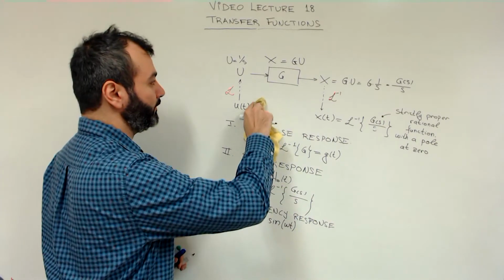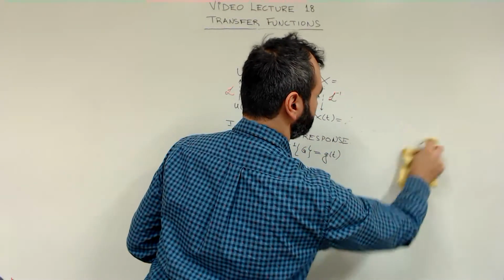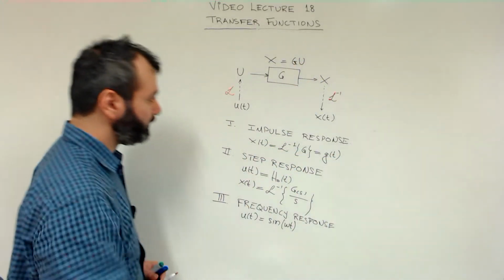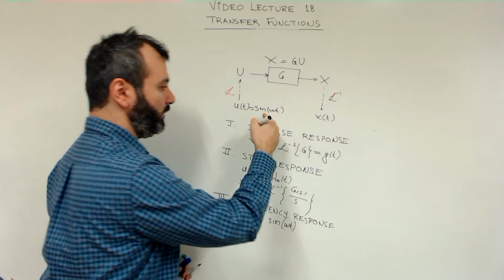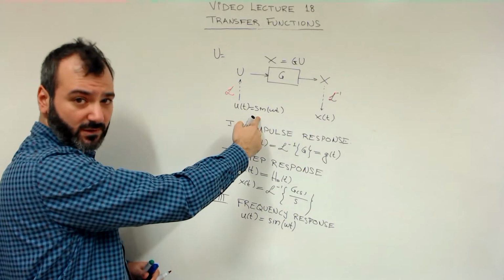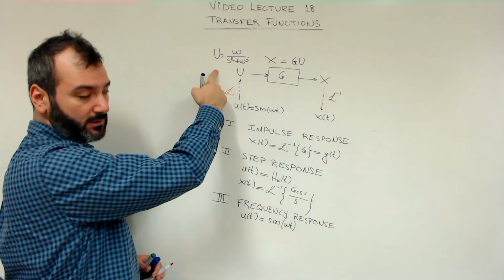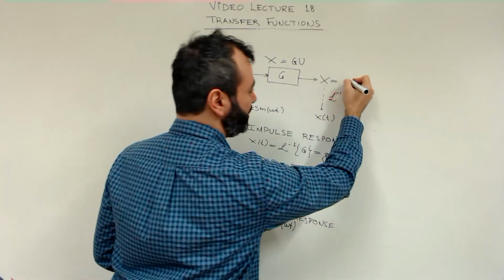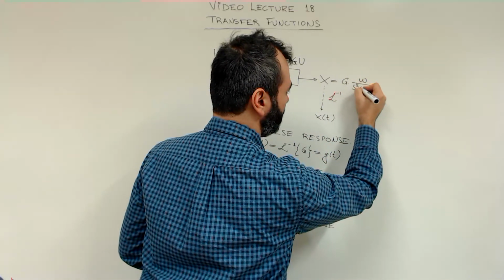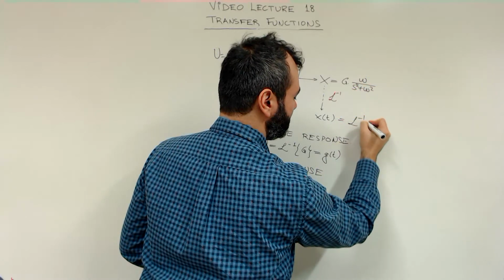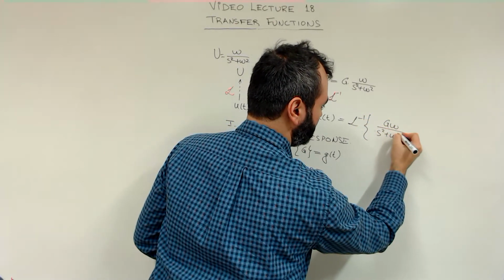Now look, if u of t is sine of omega t, then u uppercase, the Laplace transform of that, is omega divided by s squared plus omega squared. X uppercase here is g times u, so g times omega divided by s squared plus omega squared, and this is the inverse Laplace transform of g omega divided by s squared plus omega squared.